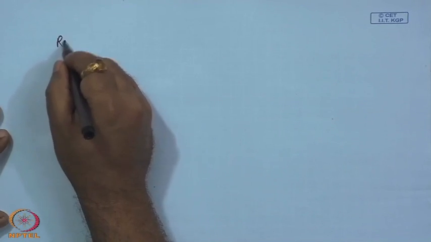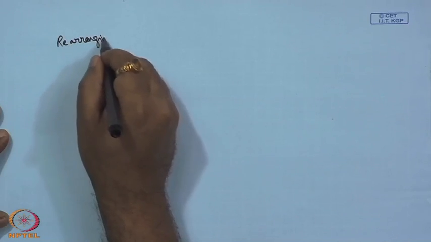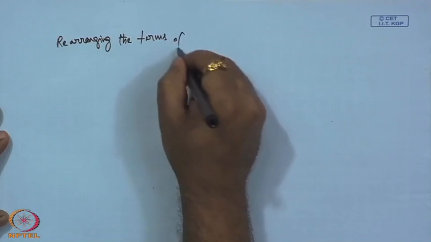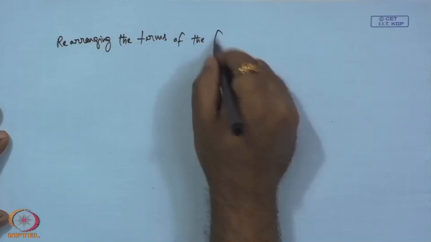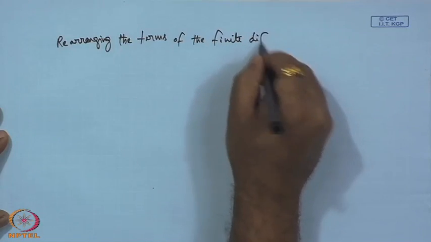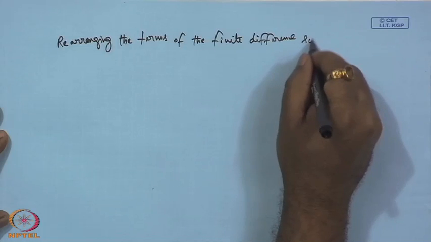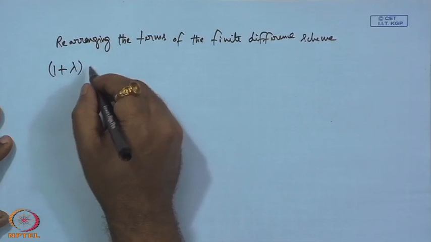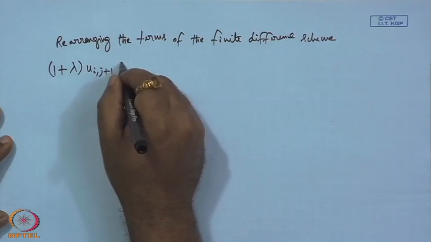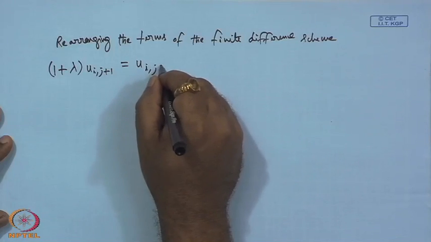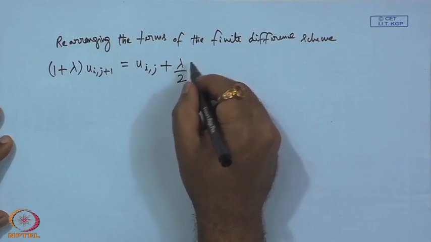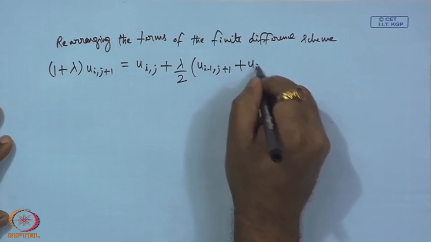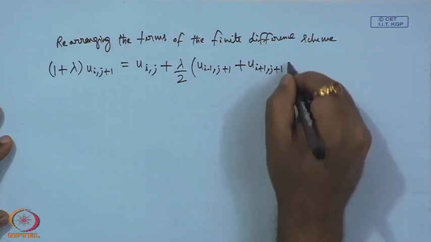We are rearranging the terms of the finite difference scheme, we get... so, it is slightly boring, but this gives some idea.